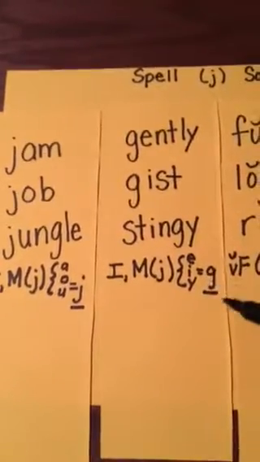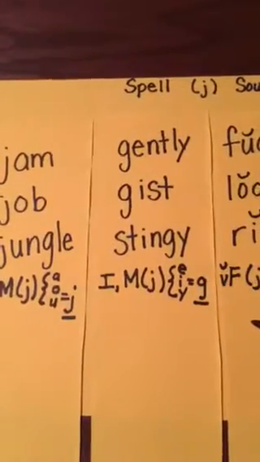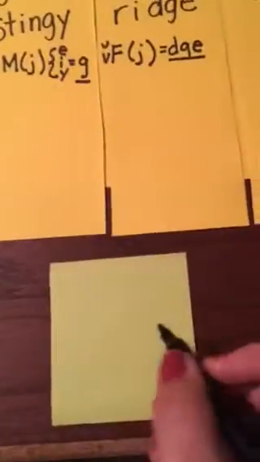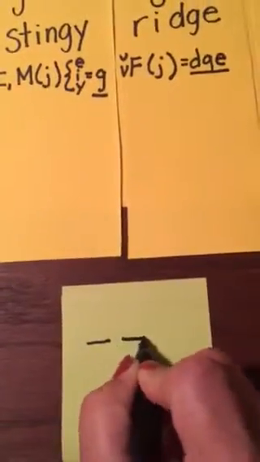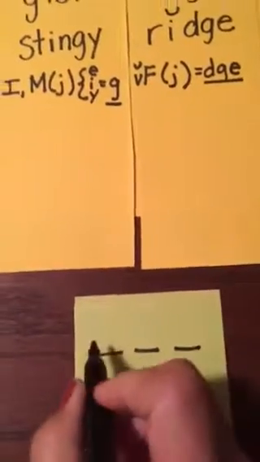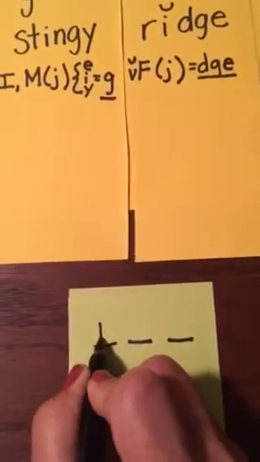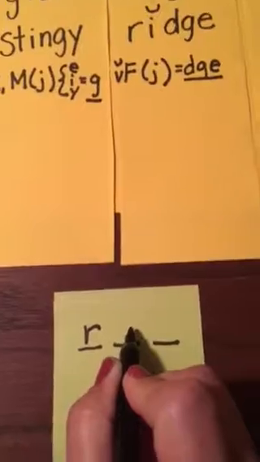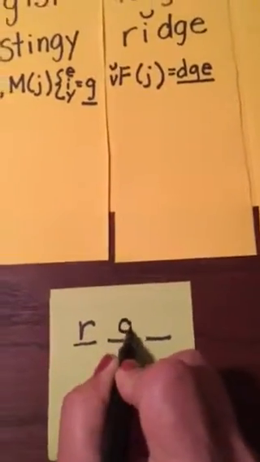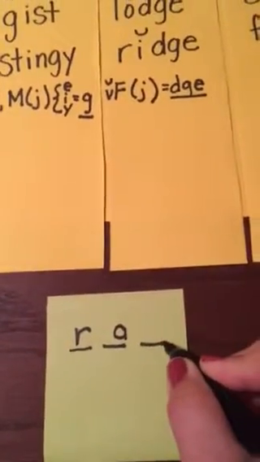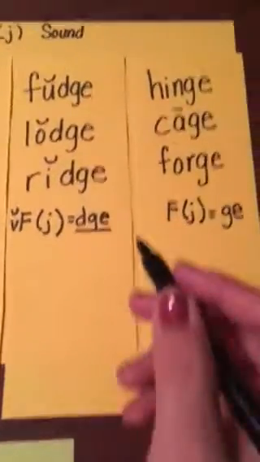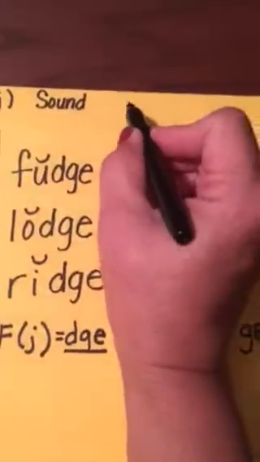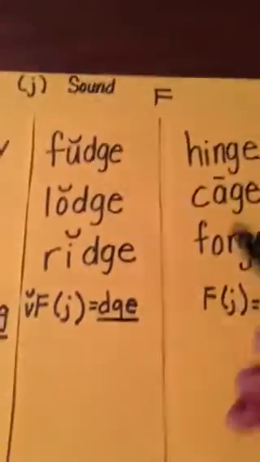Well, let's look at some words. If I was going to spell this word, rage, R, A, J. I'm hearing the J in the final part of the word. These are my two choices in the final part of the word.